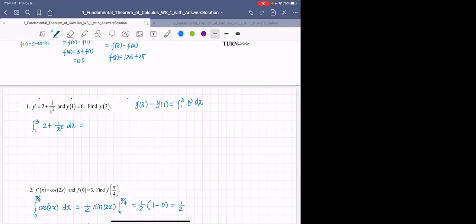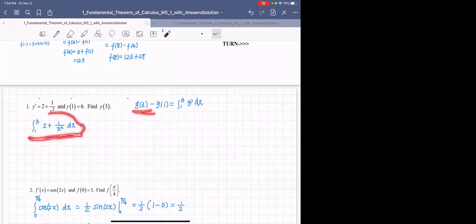Make sense? So y3 minus y1 equals the integral from 1 to 3 of y prime dx. Let's first do this part, and then we will be able to get y3.